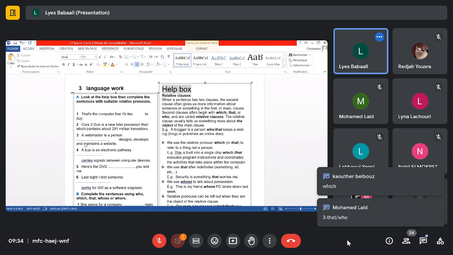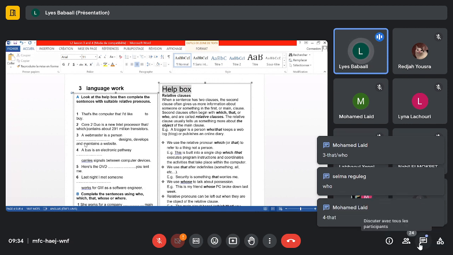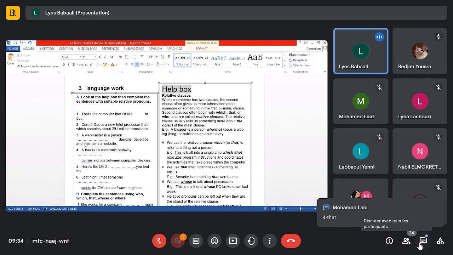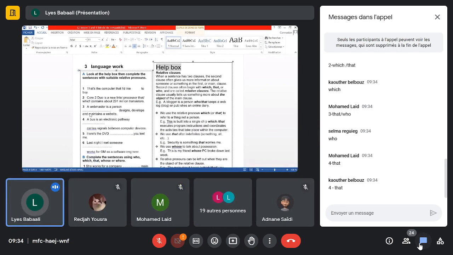So here let's analyze a little bit. Core 2 Duo is a new Intel processor. That is the main clause, and we have a relative clause that gives more information, which is "that contains about 291 million transistors."